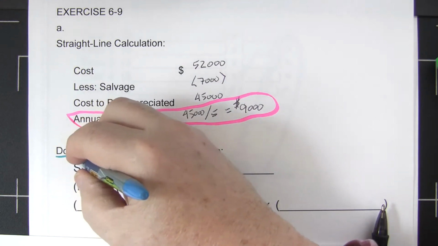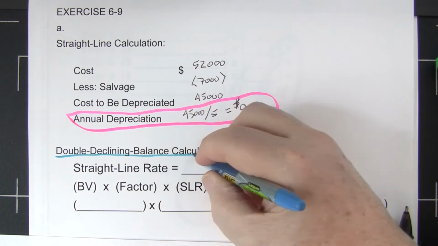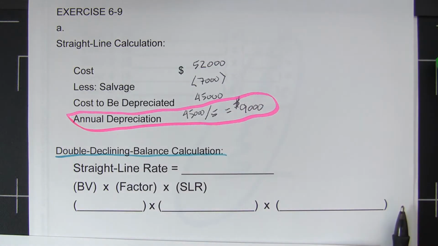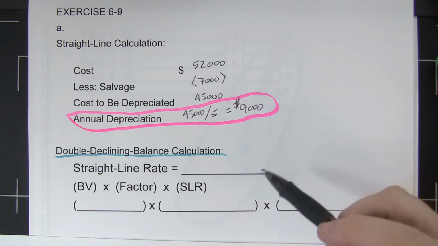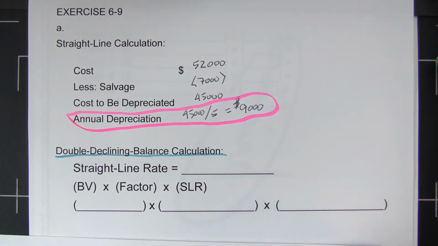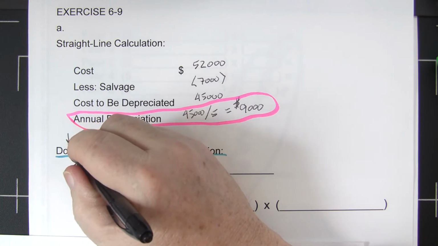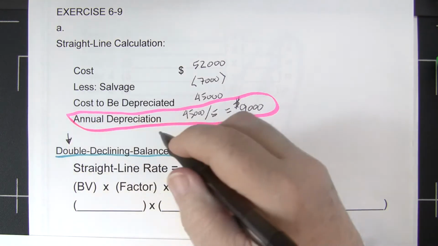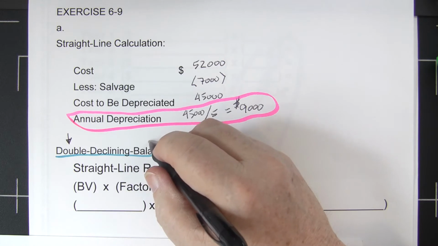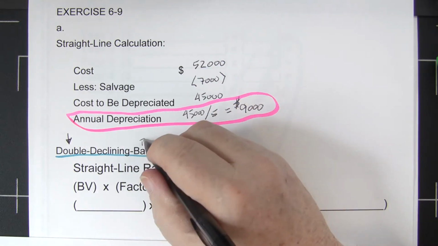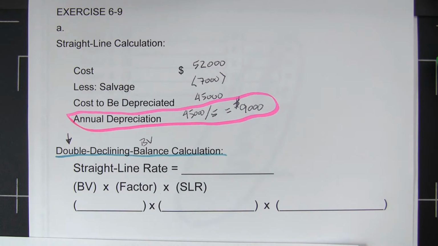Your book calls this the double declining balance method, but in reality, it could also be called, and is usually called simply, the declining balance method, because different clients will use different rates. This is called the factor or the accelerator, and the balance that's declining is the book value. That's what's going down. Okay?